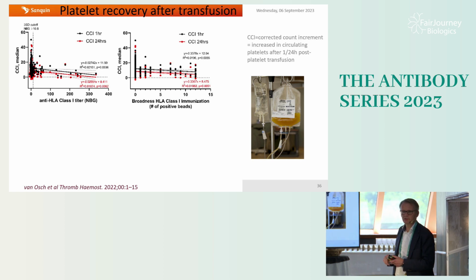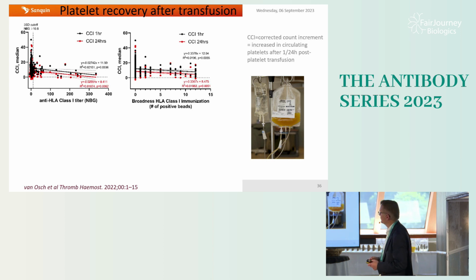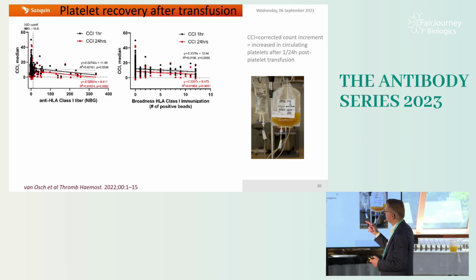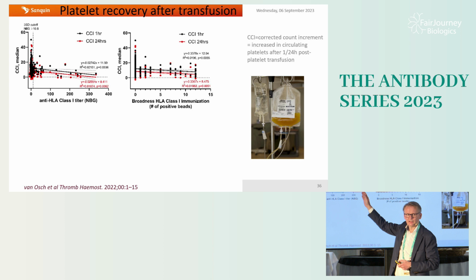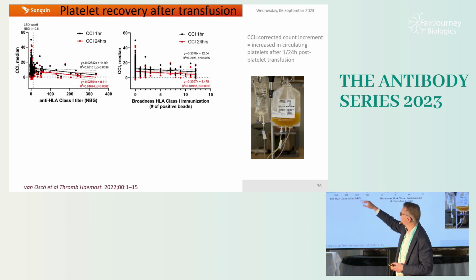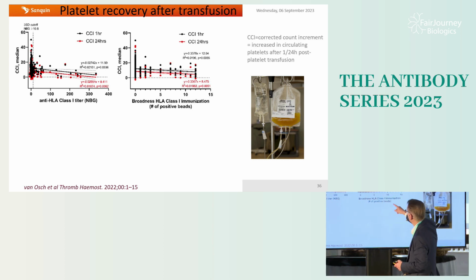Because we are a blood bank, we also monitor transfusions with platelets, some of which are with anti-HLA antibodies, and they are very often mismatched. If you look at antibody levels, it's not really indicative of how much of the antibodies you have, but of how many platelets you find back after 1 or 24 hours.